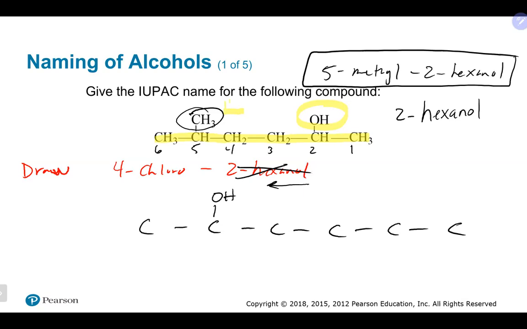Carbon number 4 is where there would be a chlorine. And at this point, everything else here should just be hydrogens to get to 4. That's going to be 3, that's going to be 2, that's going to be 1, that will be 2, 2, that will be 1, and that will be 3 in this case.